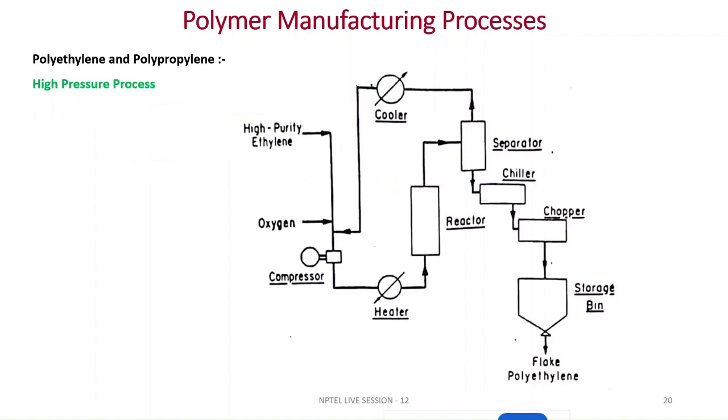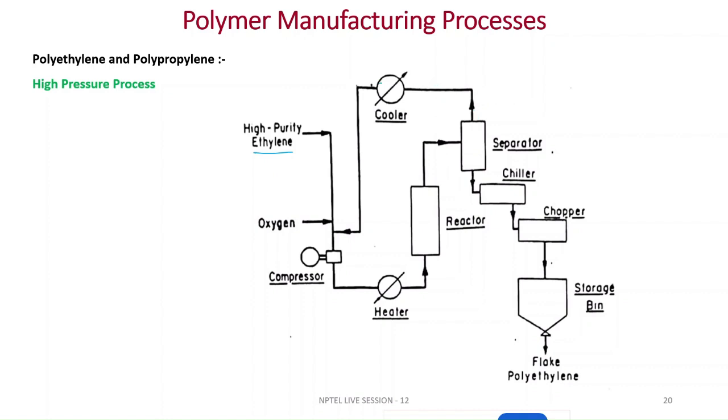So you can see in this high pressure process, high purity ethylene and oxygen is mixed and compressed, and after preheating it is sent to the reactor. High pressure condition of 1000 to 2500 atmosphere is present, and from there the product is taken to the separator.